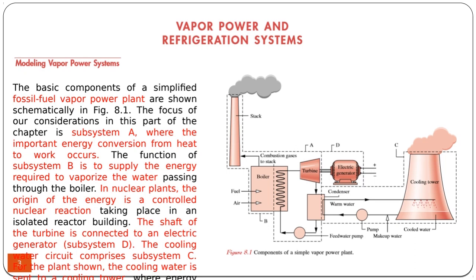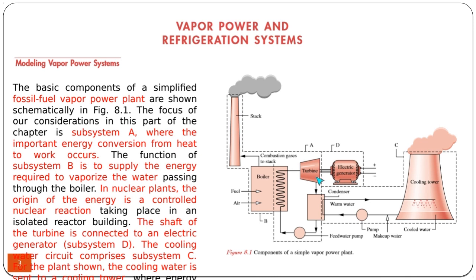One of the elements is a boiler in which liquid water is converted to vapor. Then vapor goes into the turbine, rotates it, and as the turbine rotates, it also rotates an electric generator, which generates electricity.